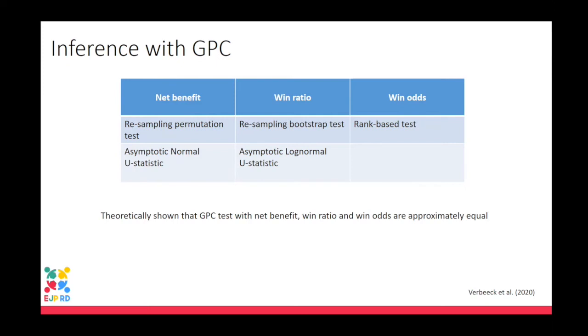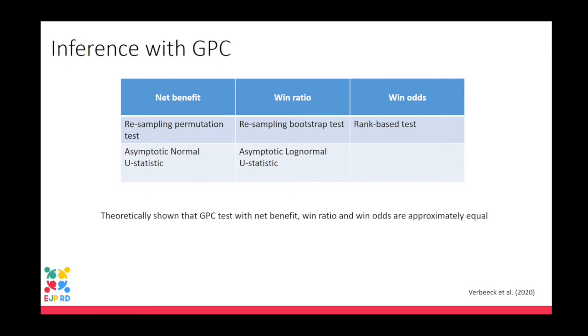But for the statisticians, you see asymptotic U-statistics. So asymptotic means that you actually need a large sample size for the hypothesis test to be valid. So is that useful in small samples?